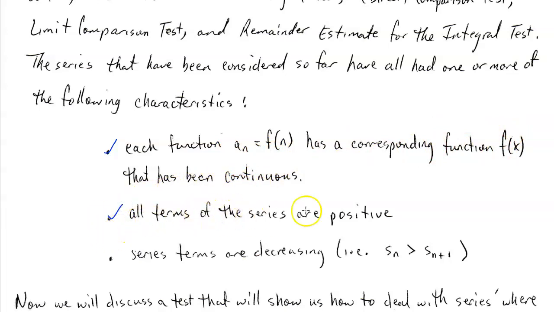All the terms in the corresponding series, thus all the terms in the sequence that made up the series, are positive, and the series terms are decreasing.